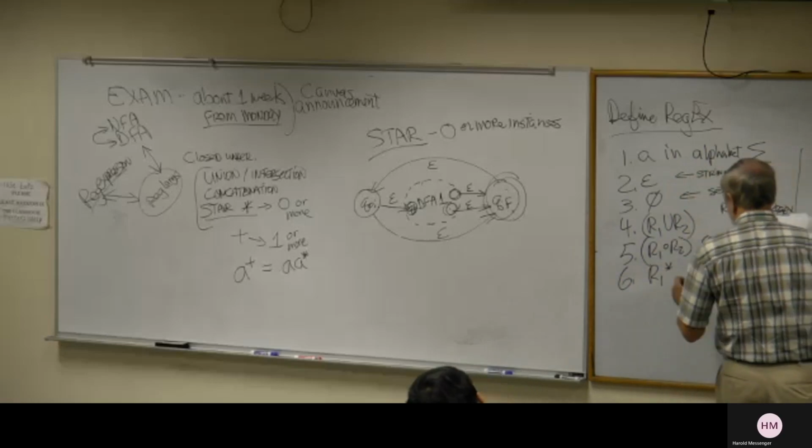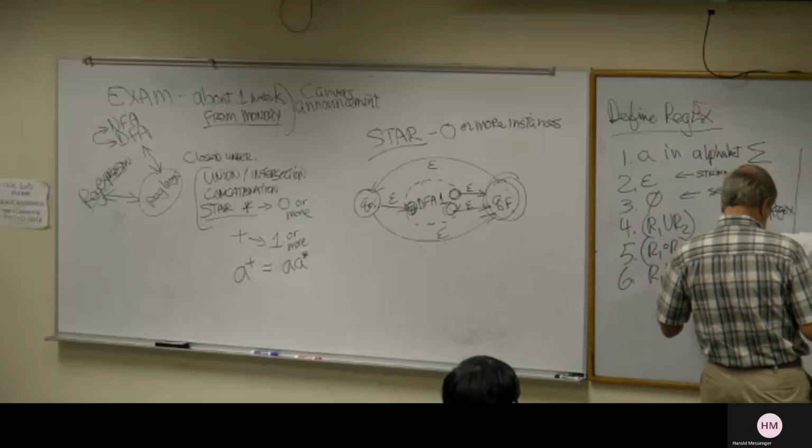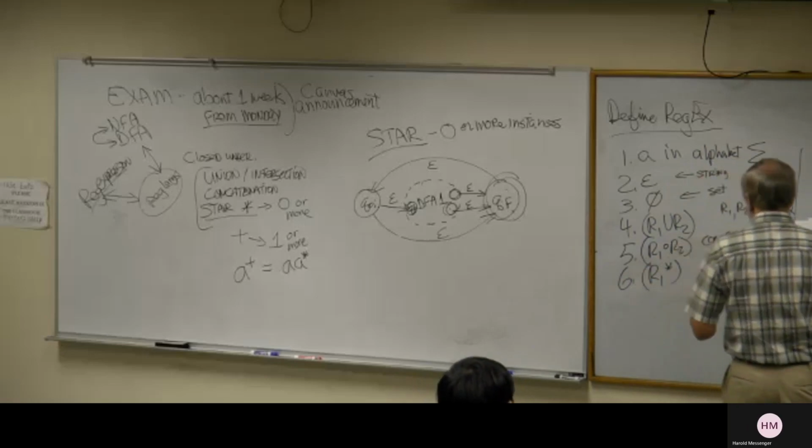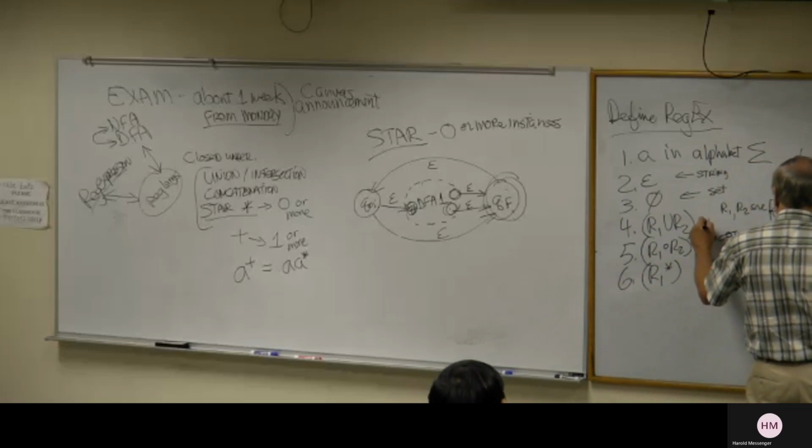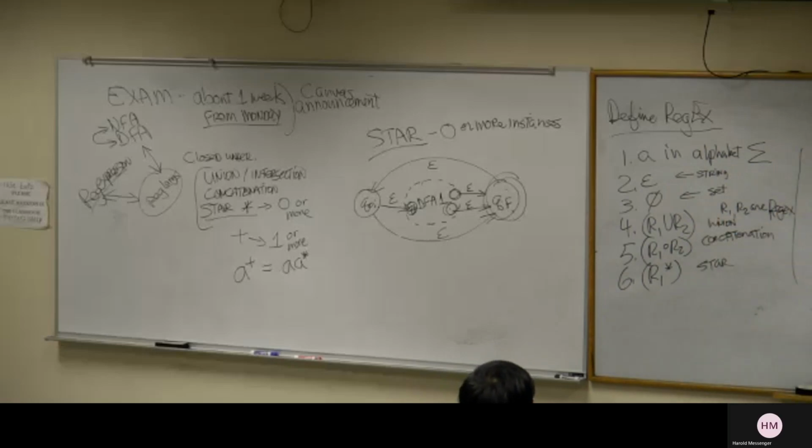So what we just did, maybe you see the logical track here now. We started with regular languages. We said they are equivalent to, can be expressed by, NFAs and DFAs, automata.